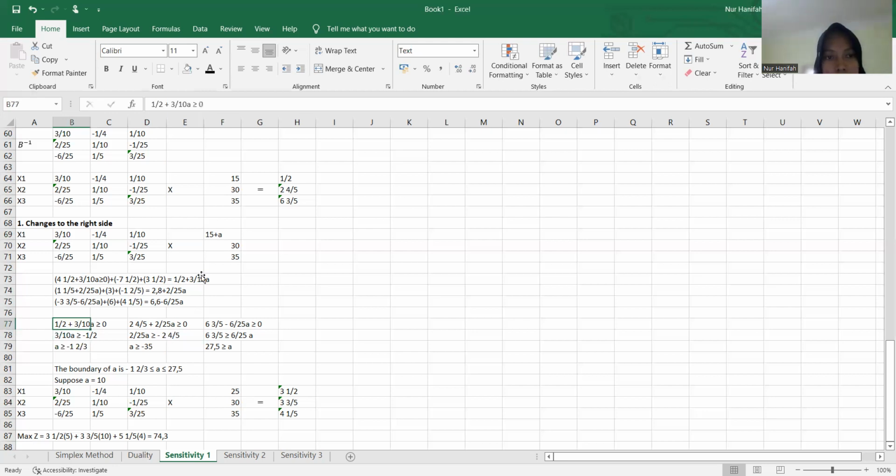And this value must be greater than or equal to 0. So we do the inequality here, and we get a is greater than or equal to -1 2/3, a is greater than or equal to -35, and 27.5 is greater than or equal to a.